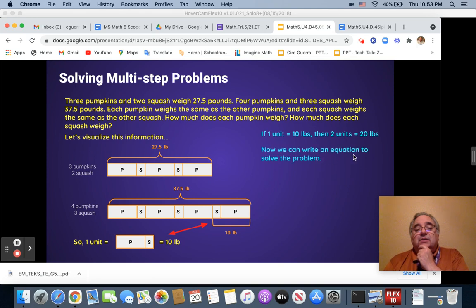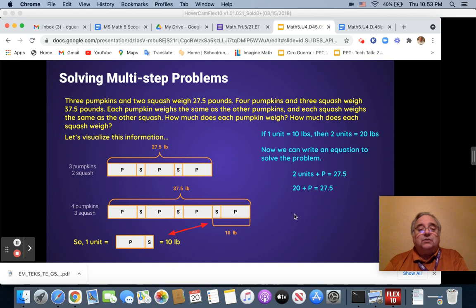How can we write an equation to solve the problem? Pausing the video here. Yes, we can say we have 2 units, which is 20, plus P equals 27.5. 20 plus P equals 27.5.